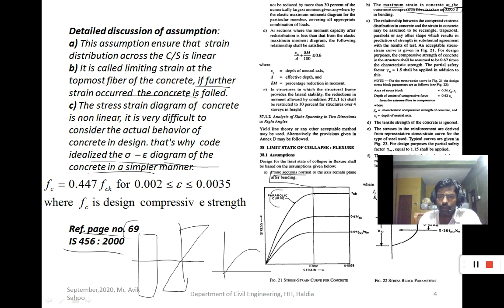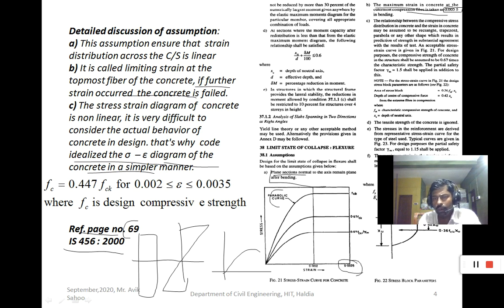After 0.002 strain the stress is constant, but the strain is increasing, and finally the maximum strain occurs, because as per the assumption the maximum strain of concrete is 0.0035. Beyond that strain, concrete will not take load; the concrete has failed.